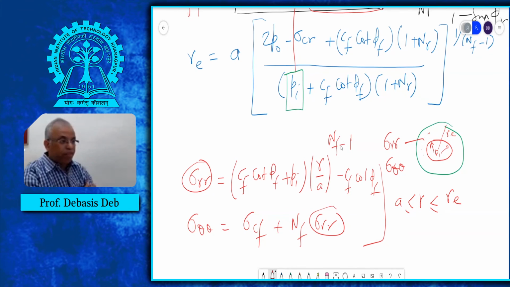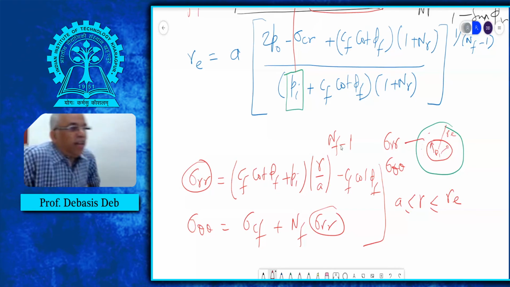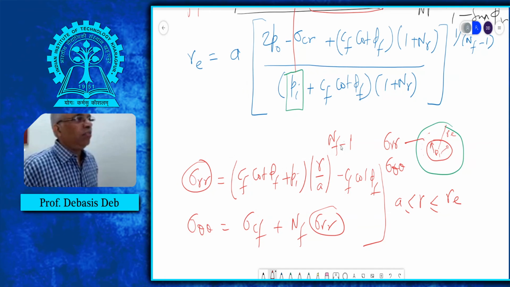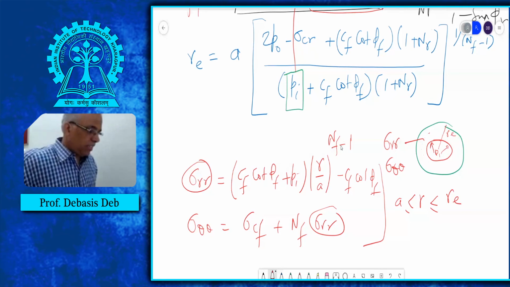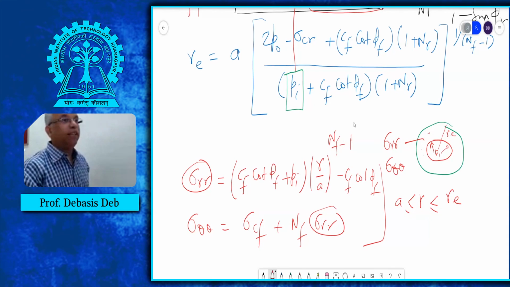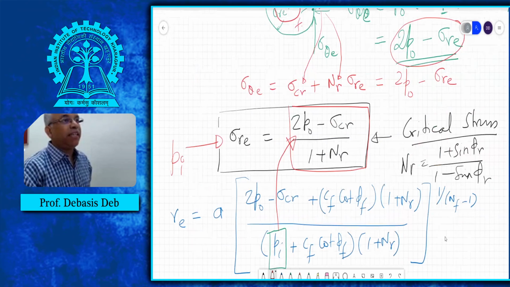Okay, this equation is valid there for these stresses, and if R exceeds Re, then it is the elastic zone. And in the elastic zone, this will be similar to the Kirsch solution, what I showed you also above, it is the same thing.